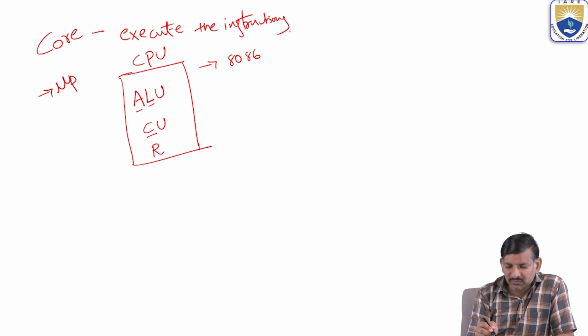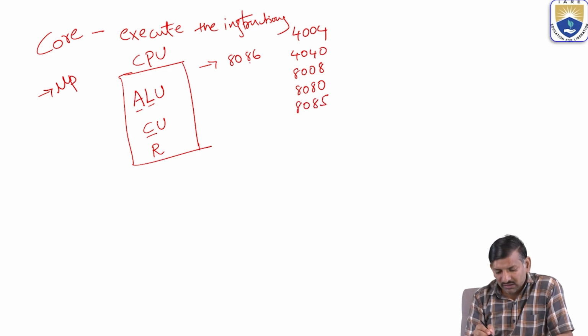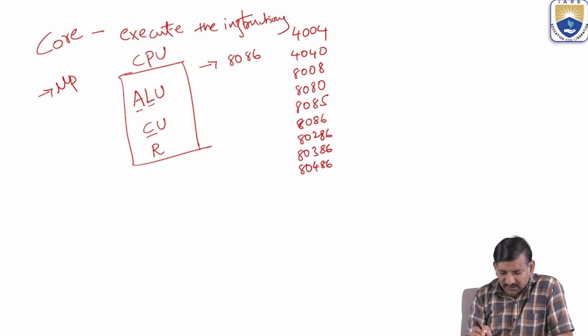In the beginning days, we are using Intel. They designed the 4004. Later on, 4040. Next, 8008. Next, 8080. Next, 8085. Next, 8086. And 80286. 80386. 80486.